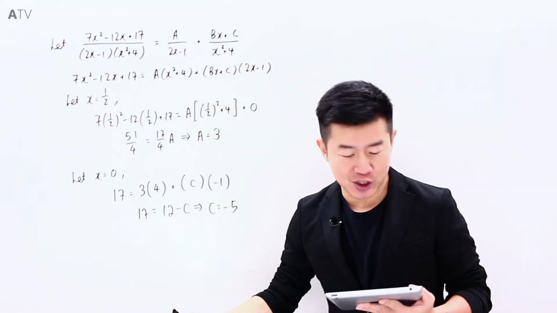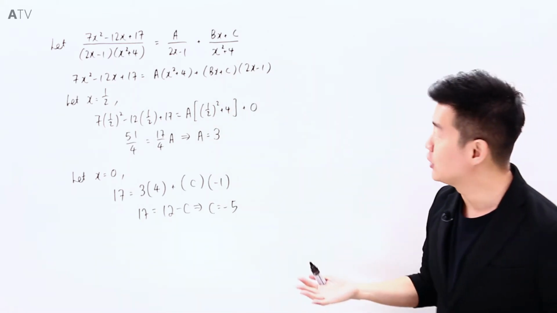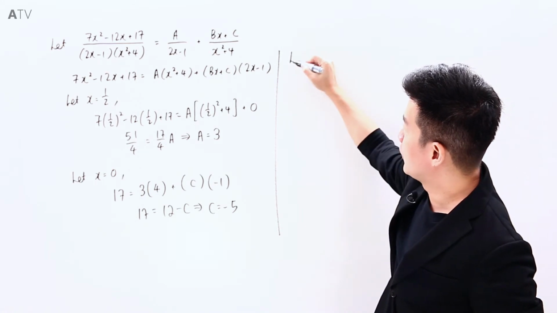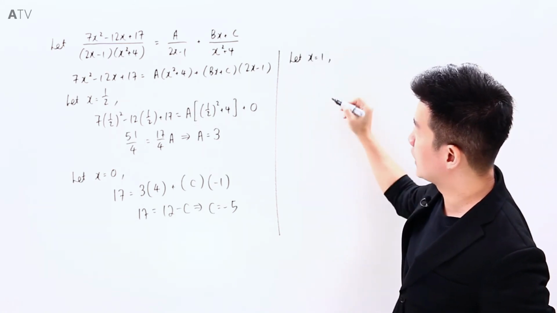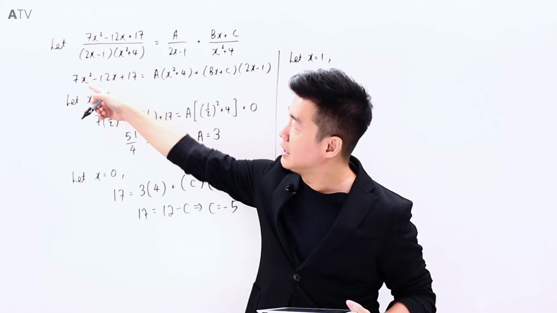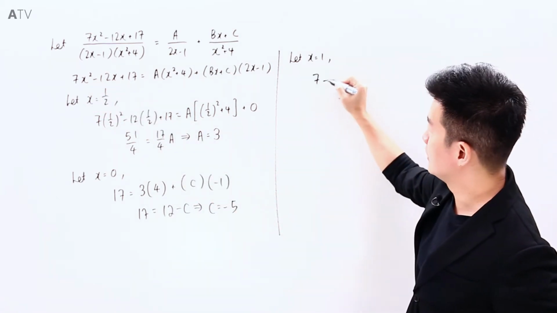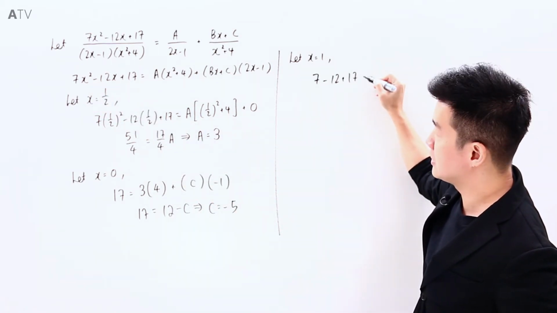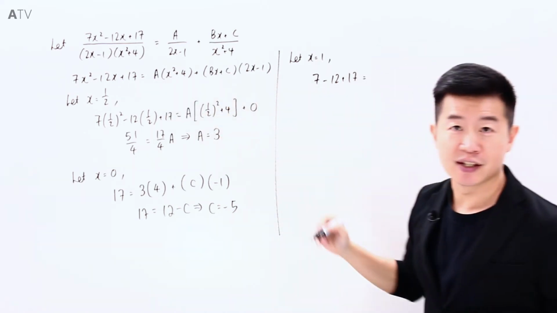As for B, let's just let x be any other convenient value. For example, what if we were to go for x equal to 1? If x is equal to 1, on the left hand side we will have 7 minus 12 plus 17 is equal to A, which is 3.